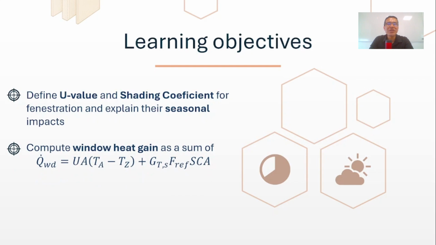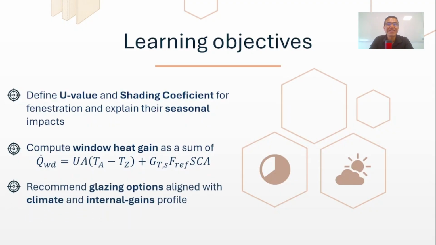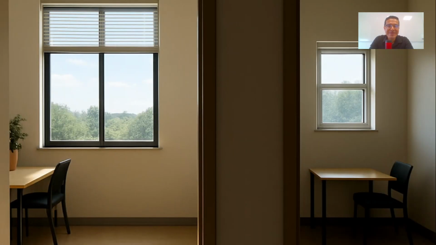You'll also be able to perform a quick two-term calculation to figure out a window's heat gain. And finally, you'll have the autonomy to make smart climate-aware glazing recommendations. That's just a fancy word for the type of glass you should use. So get ready. We are about to make you a fenestration expert.